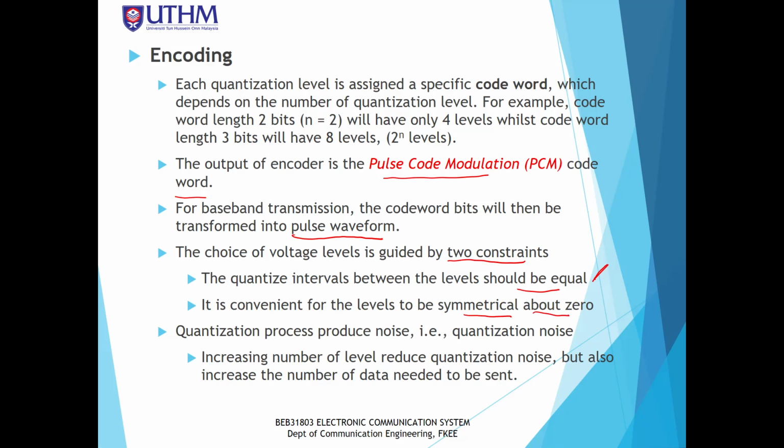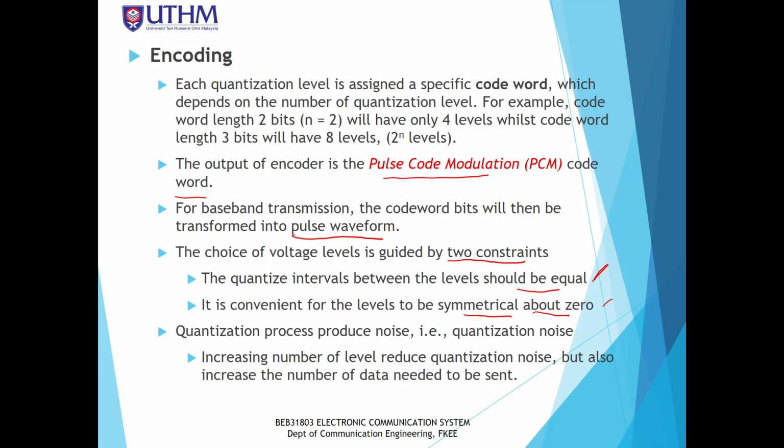So dalam kes ini kita ada dua option sebenarnya, sama ada kita nak buat unipolar ataupun bipolar. Kalau kita buat unipolar, bermaksud kita akan assign dengan positive level of voltage only. Manakala kalau kita menggunakan bipolar, so kita ada positive and negative, center at 0. So nanti kita akan lihat berkenaan unipolar and also the bipolar.